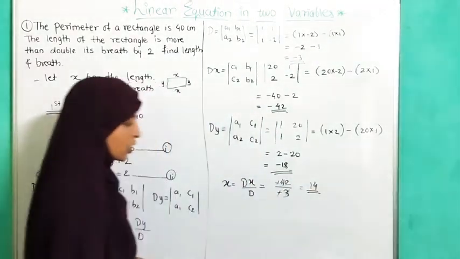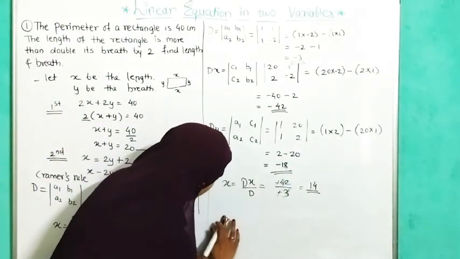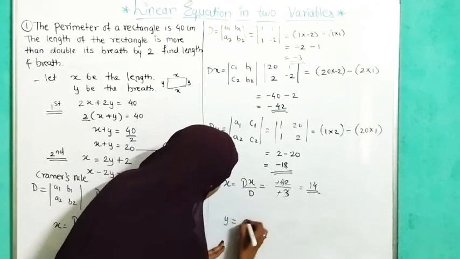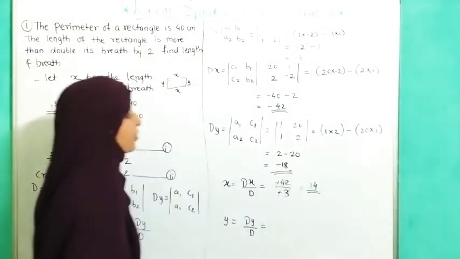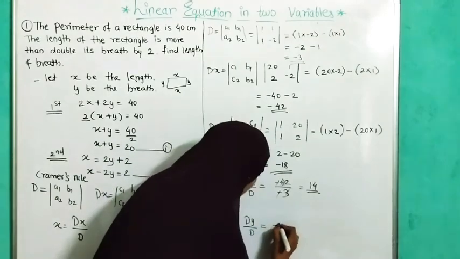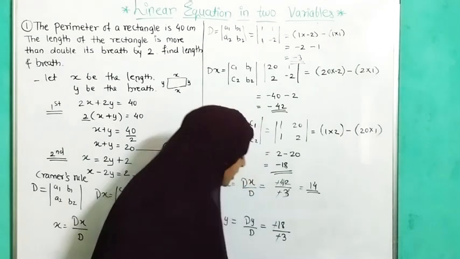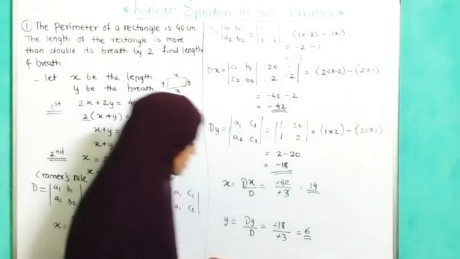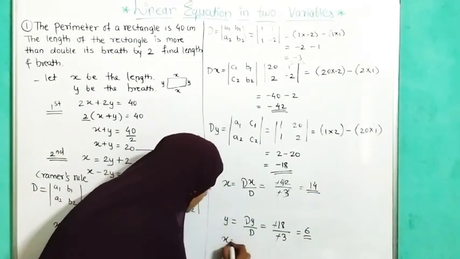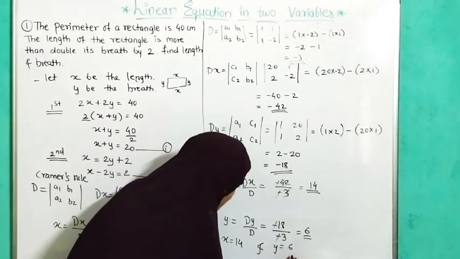The answer is positive 14. The value of x is 14 and the value of y is Dy by D, which is minus 18 upon minus 3. The minus signs get cancelled. 3 sixes are 18, so the answer is 6. So the value of x is 14 and the value of y is 6.